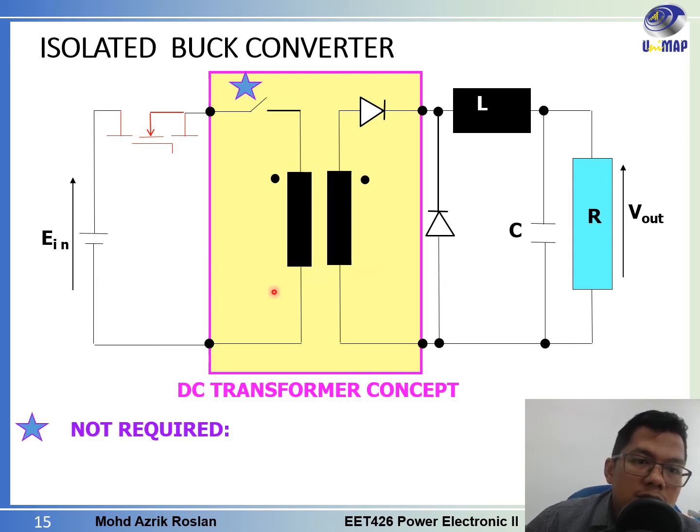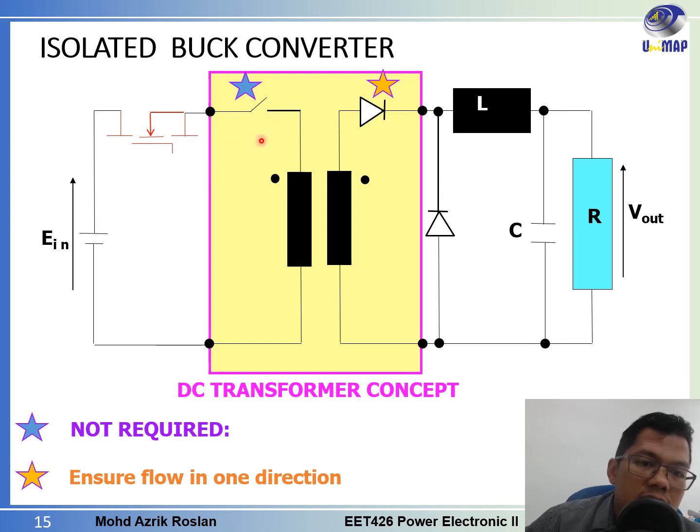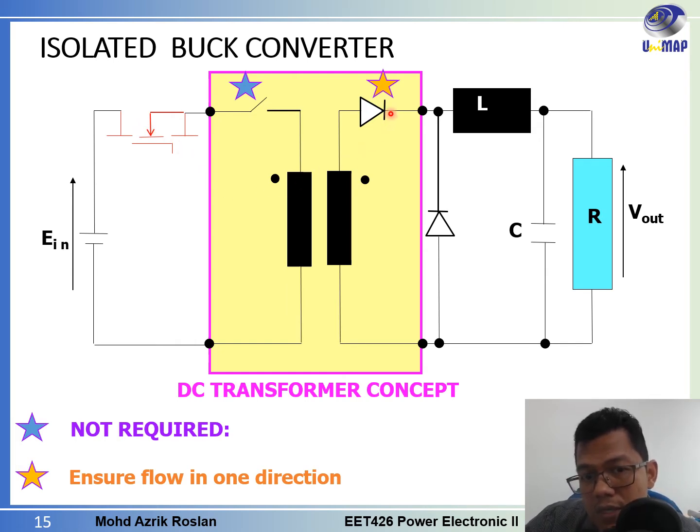Because in the original isolated buck converter we already have the switch here, we can remove this one. Another one, we have the diode here. We need this diode to ensure that the current flows in one direction only.